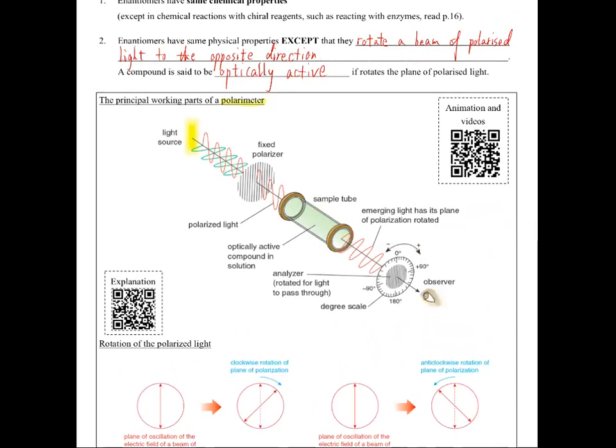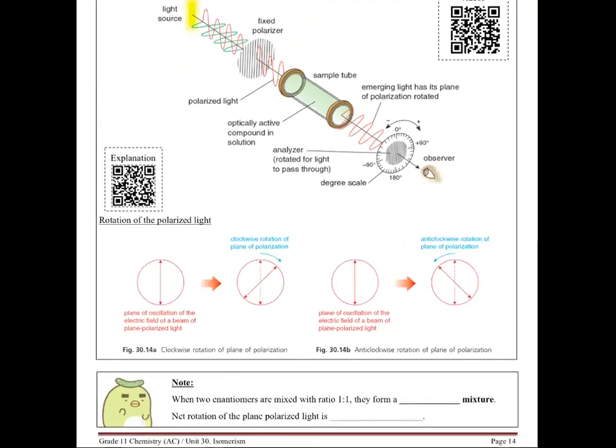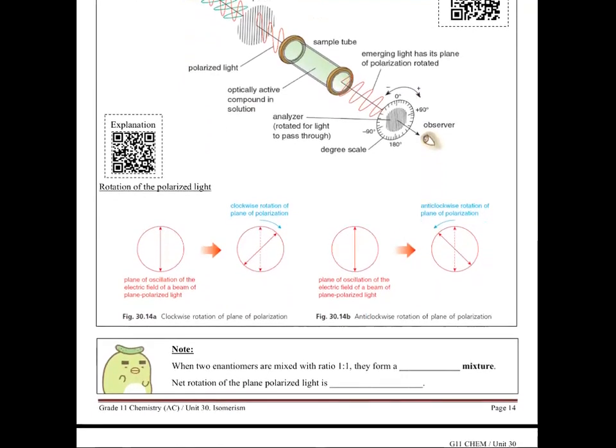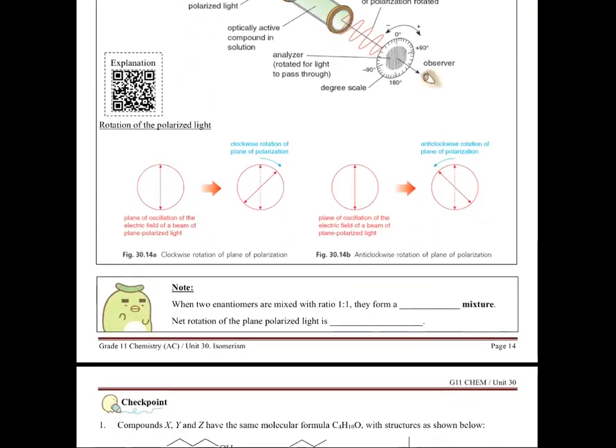So if we have a mixture that contains the same amount of the two enantiomers, mixed in a 1 to 1 ratio, then we say they form a racemic mixture. You need to remember this name.